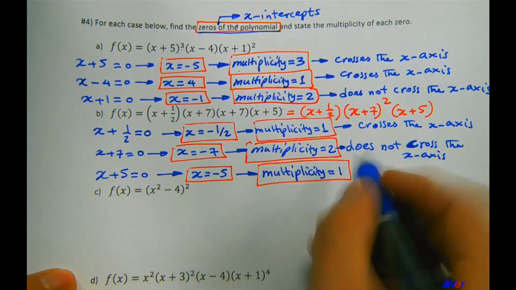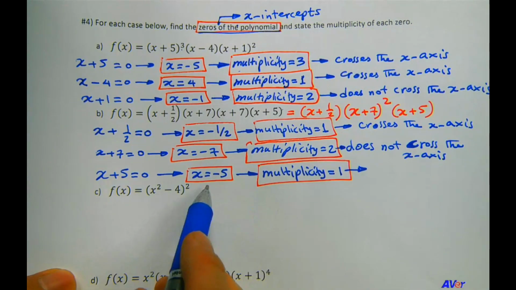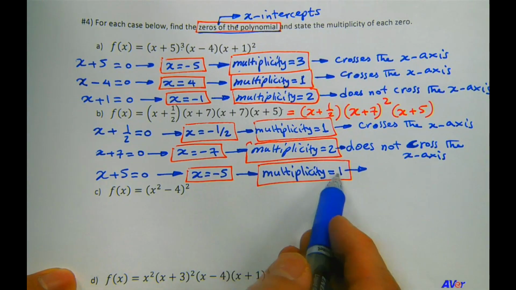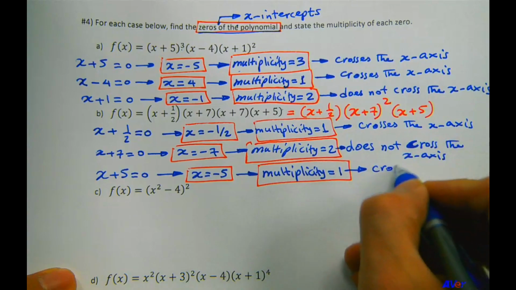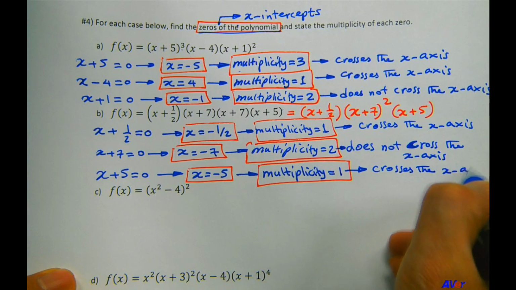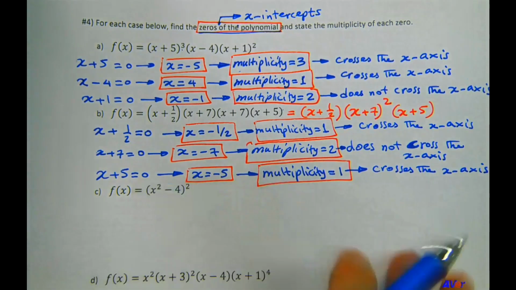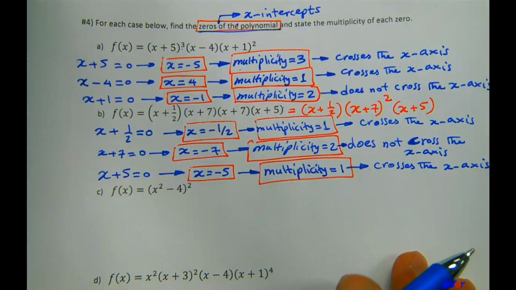So does the graph of the polynomial cross the x-axis? Do we expect that? Yes, we do, right? Because multiplicity is odd, so it crosses the x-axis. Okay, next one. I hope these answers match what you had written down on your own.